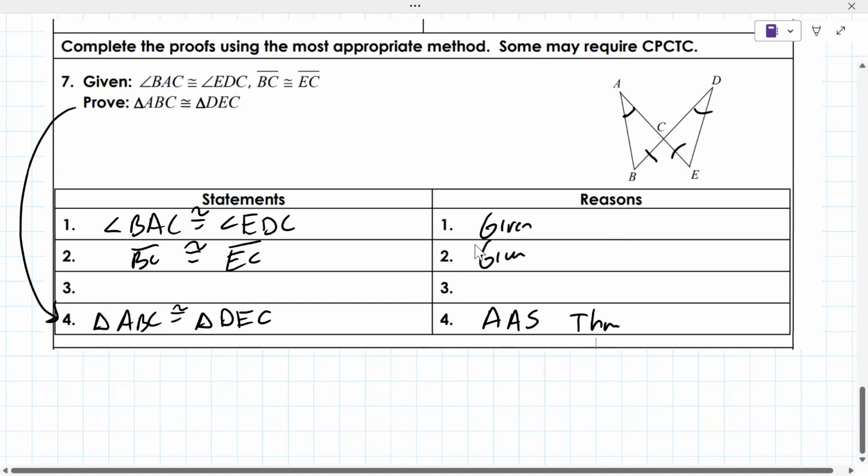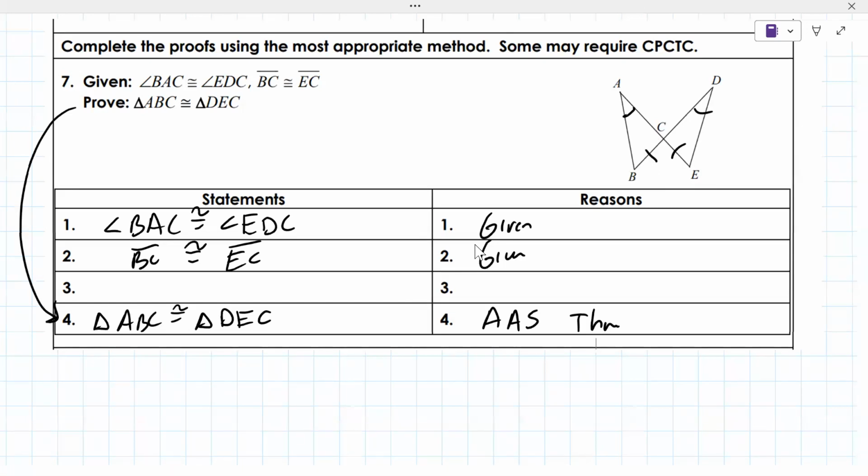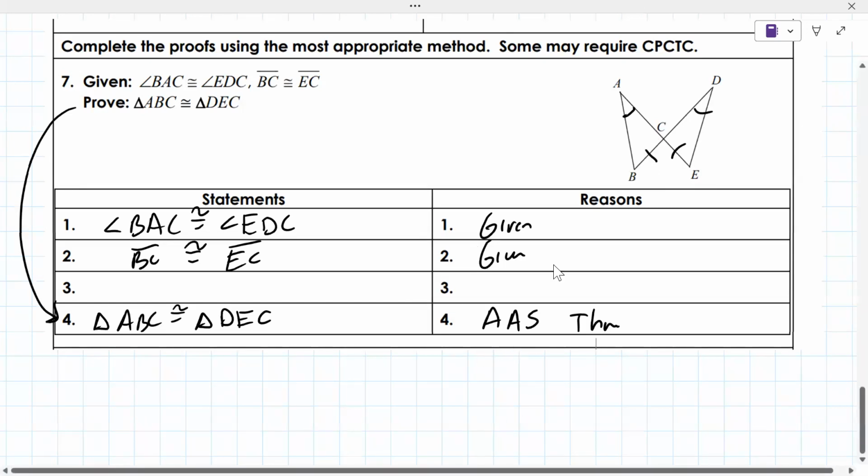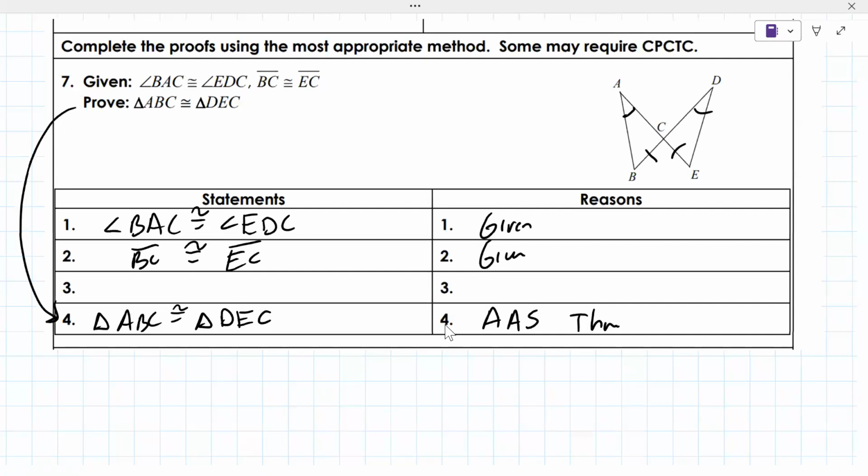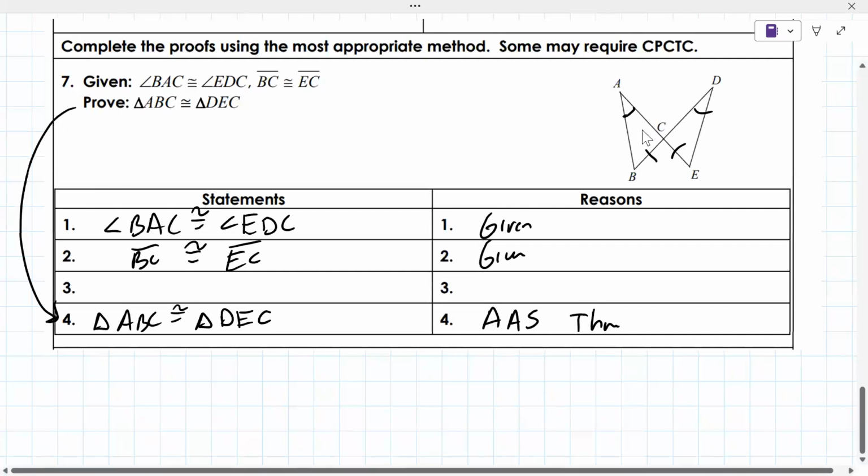C. C is a single letter. You have to use 3 letters to refer to an angle when it's shared. Hold on. You're in the vicinity. Which are those angles? There's only 3 letters, so I don't know. CE or CB. Look, why is BAC this angle up here that I'm pointing at?